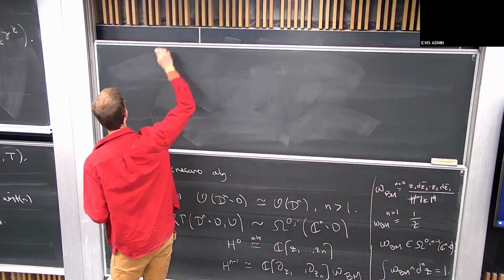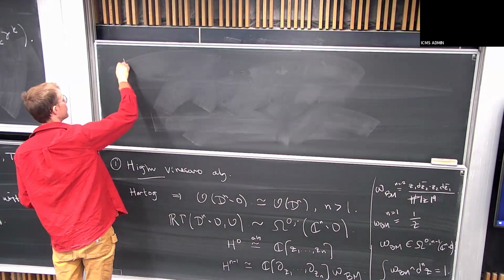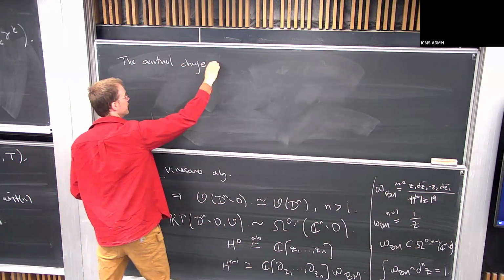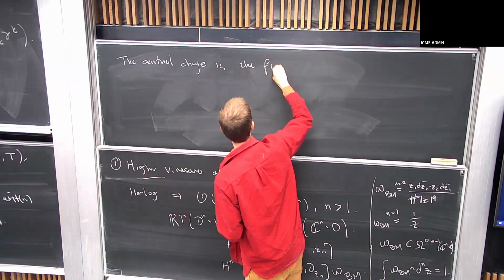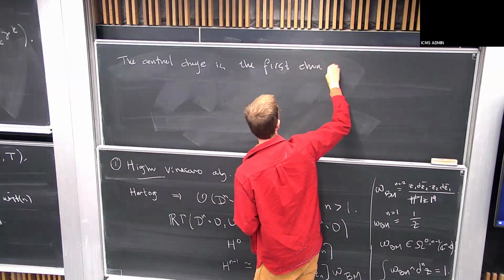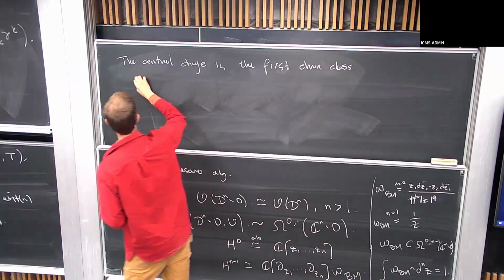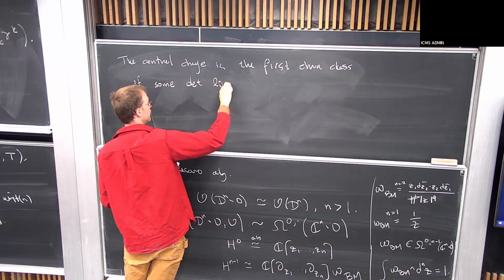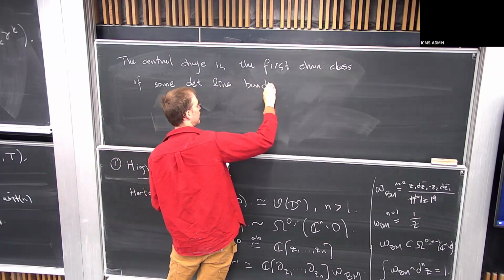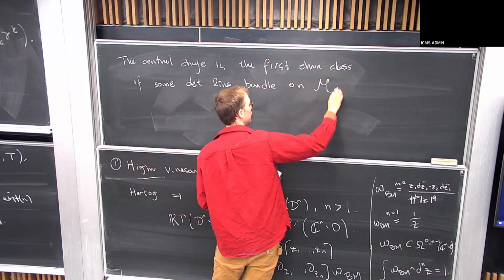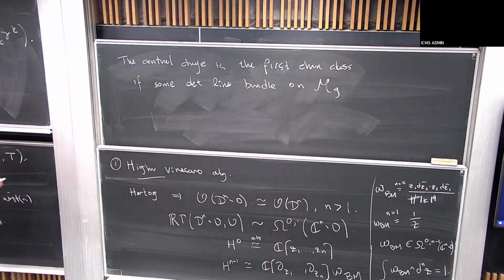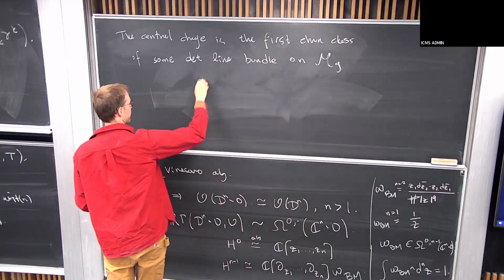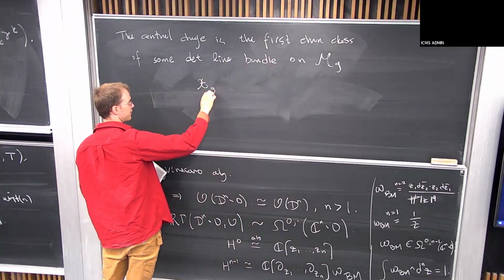The central charge is the first Chern class of some determinant line bundle on M_g. Let me unpack this sentence. There's this nice Riemann surface called the universal Riemann surface over M_g.